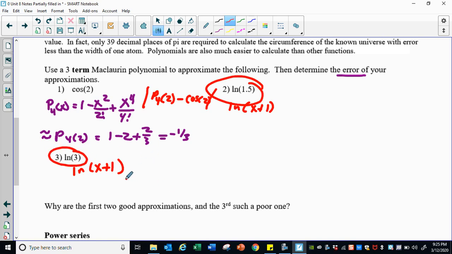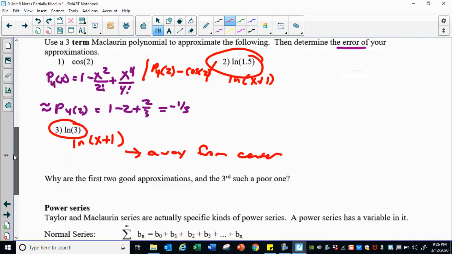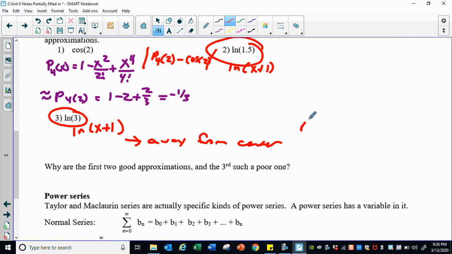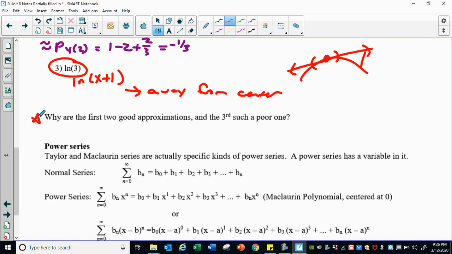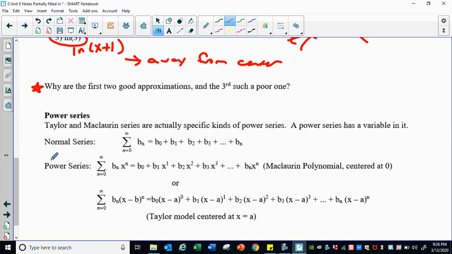And the reason is that we are moving away from the center. Okay? Which I think you guys already get the idea. Same with a tangent line. If you have a tangent line to a function, near the point of tangency, we're pretty good at approximating function values. The farther we get, the worse our approximation is. So that's what they're trying to get across here. All right?